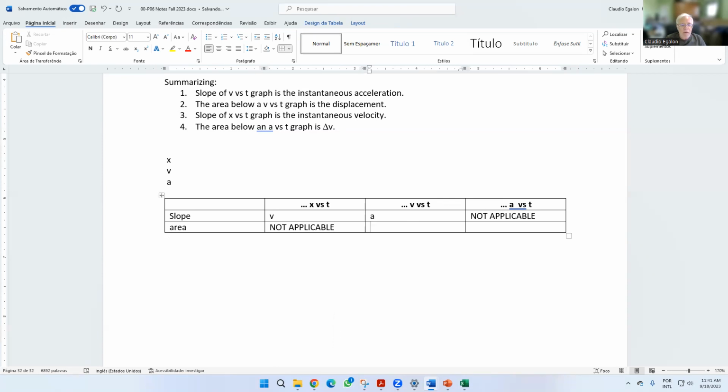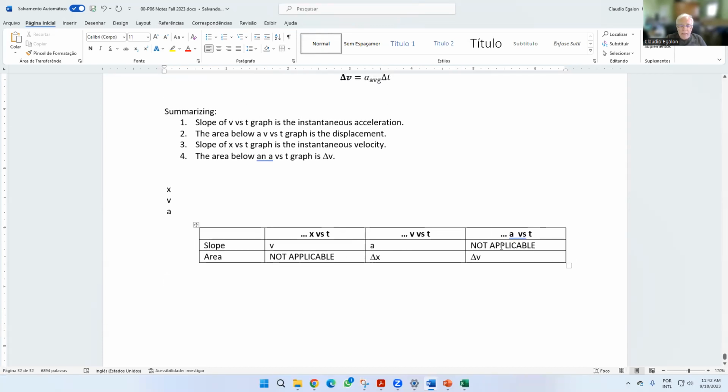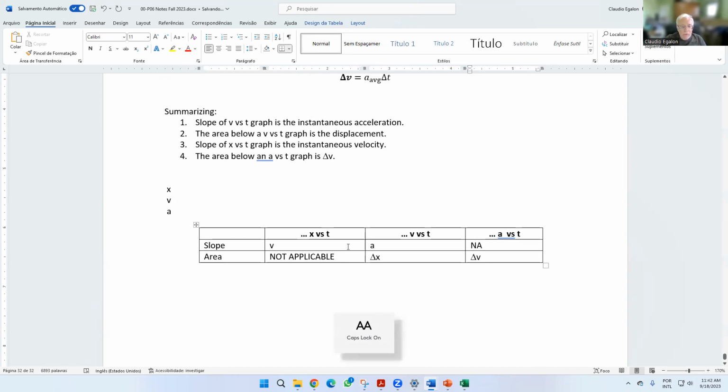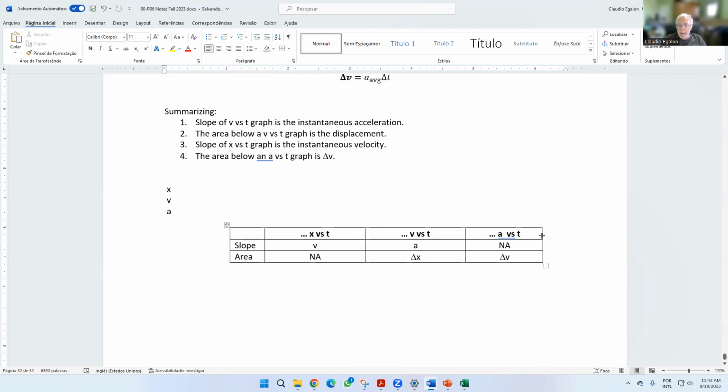The area below V versus T is displacement, delta X. The area below A versus T is delta V. I'm going to put NA, and everything here is going to be center justified, so you can come up with a table that's more compact.